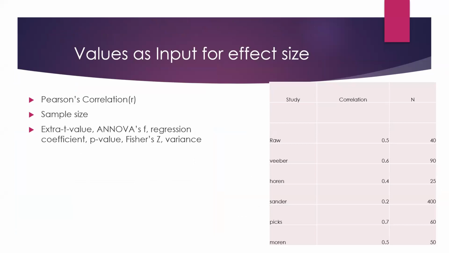Now, the values that I've taken are Pearson correlation and sample size, but you can take papers which have done a t-test, ANOVA, regression, p-value, Fisher's Z, variance. These can also be taken as input, but these have to be converted to correlation.